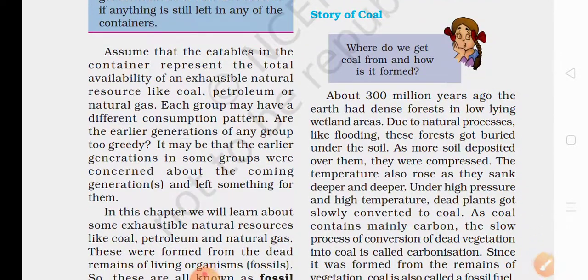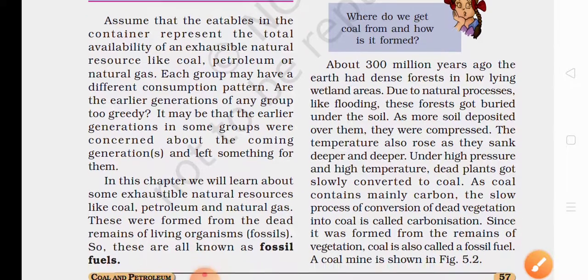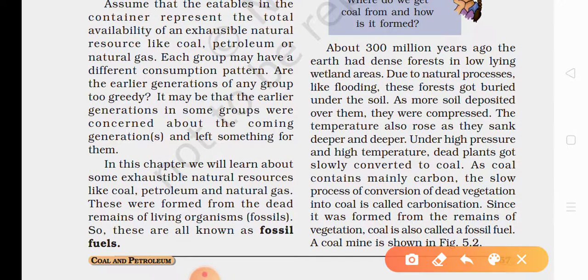In this topic, the story of coal, we will come to know how coal formation takes place. About 300 million years ago, the earth had dense forests in low-lying wetland areas. Due to natural processes like flooding, these forests got buried under the soil. As more soil deposited over them, they were compressed.